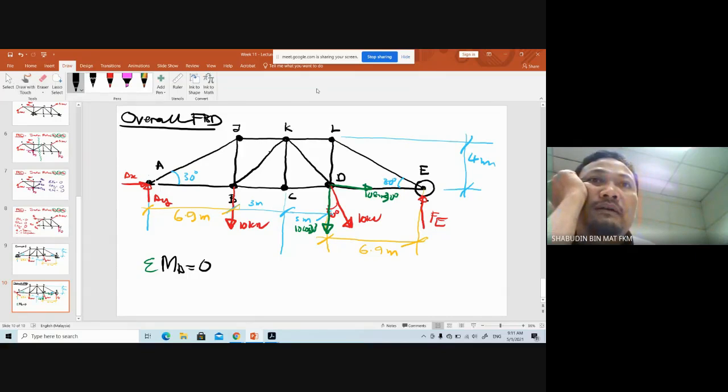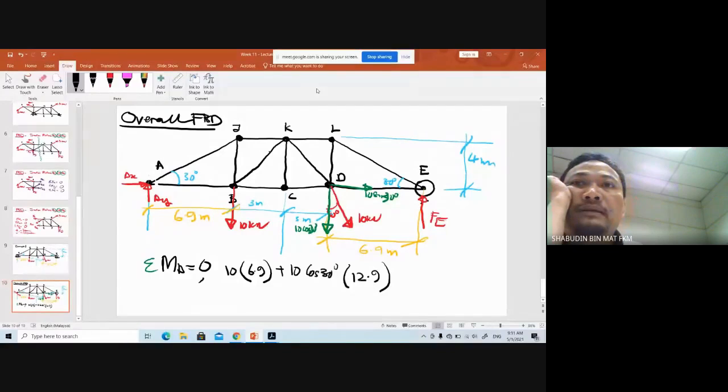What do you have? 10 times 6.9, plus 10 cos 30 degrees by 12.9, minus FE multiplied by the distance there.